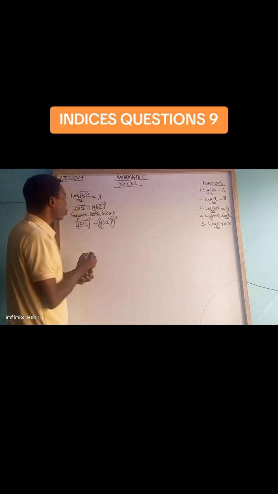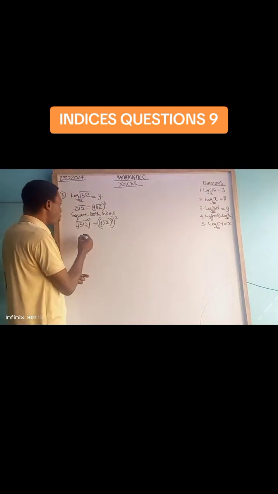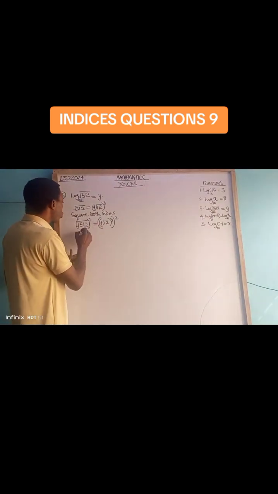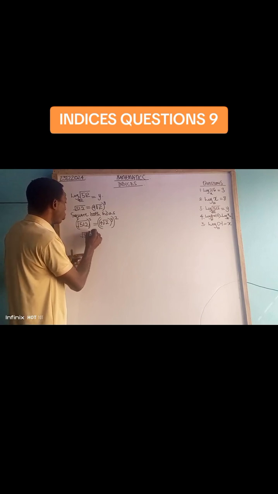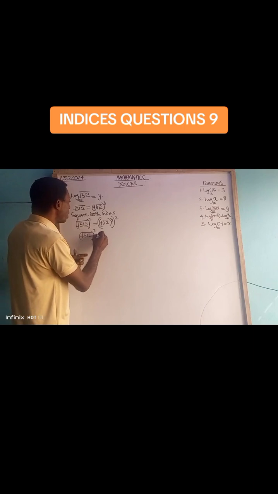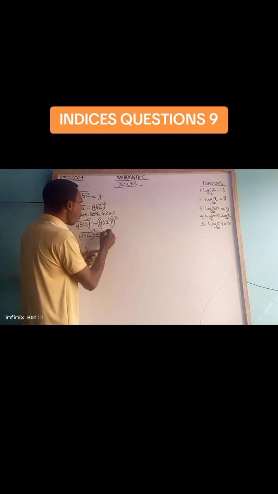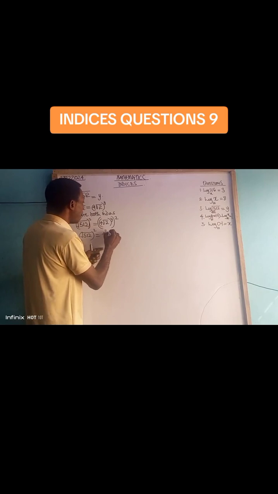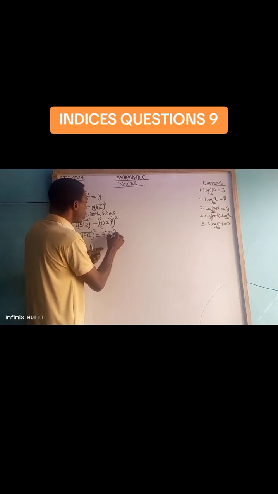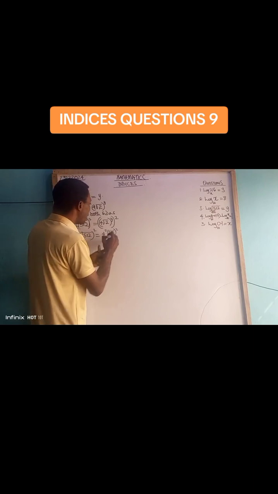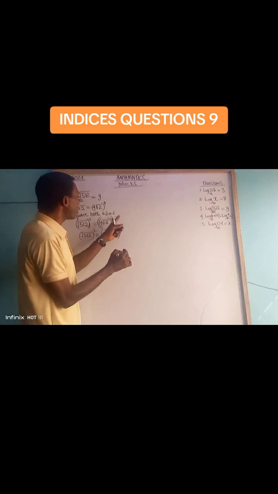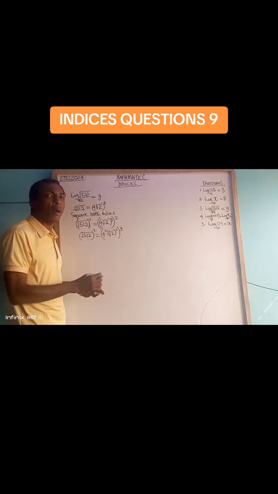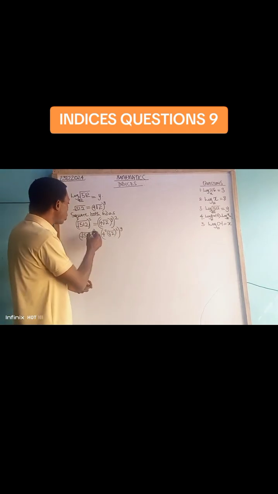Now, look at this. Then this one will now be root 512 squared is equal to 4 squared, then root 2 squared, all into y. We have used our 2 to square both sides. So that means we have 2.